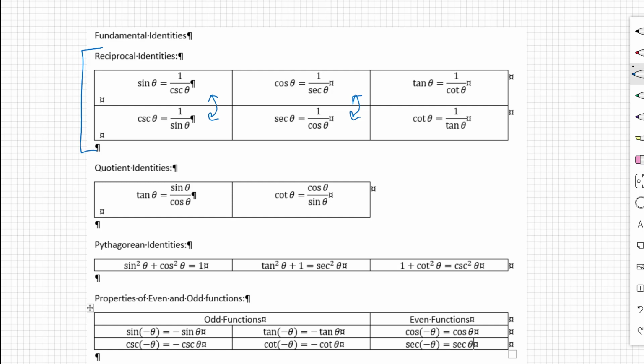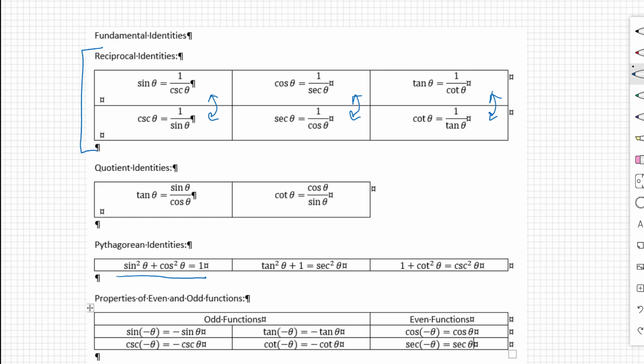Tangent theta is the reciprocal of cotangent theta, and the other way around. We also know our quotient identities, where tangent theta is sine over cosine, and cotangent theta is cosine over sine, because they're reciprocals of each other. The Pythagorean identities we will touch more before our next lesson, and I'll go through where those come from.